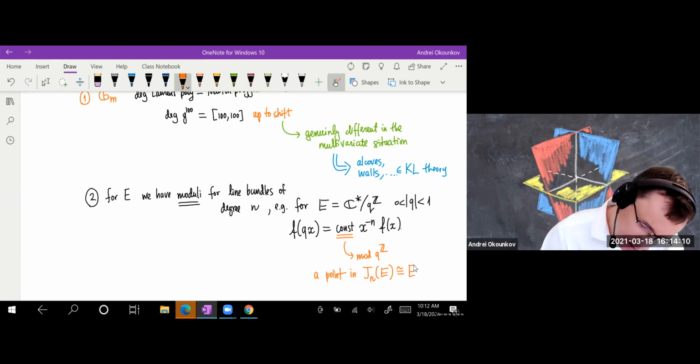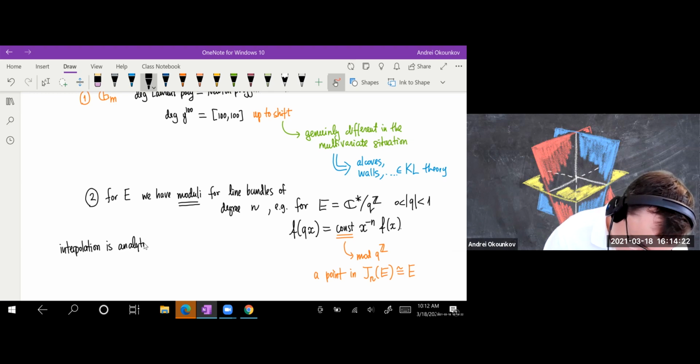So then the interpolation, let's denote that constant Z, is analytic in Z with poles.